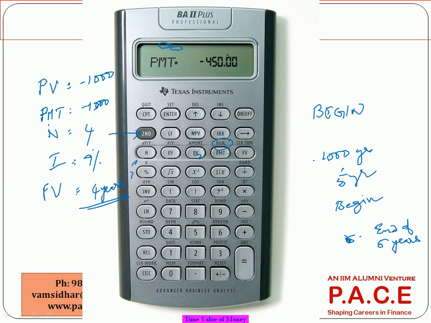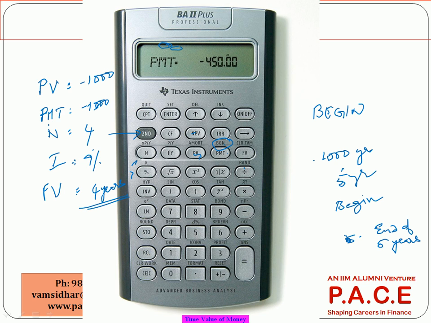If you are able to set your calculator into the begin mode, it is straightforward. Any question containing an annuity due calculation, you immediately make sure that your calculator is set into the begin mode and the calculation is done.